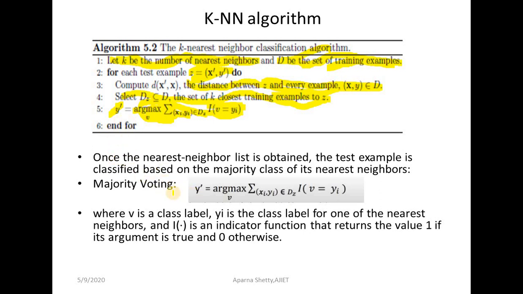So basically what we are doing in this algorithm: for a given test example, we first compute the distance between the test example and every other training record. Once we compute the distance, we select the set of k closest training examples, or k closest neighbors. Next we have to assign the class label for the test example based on the class labels of those k nearest neighbors.